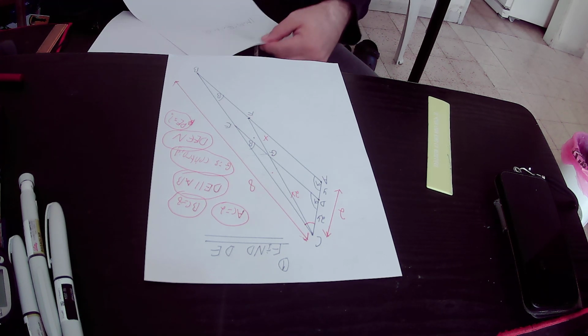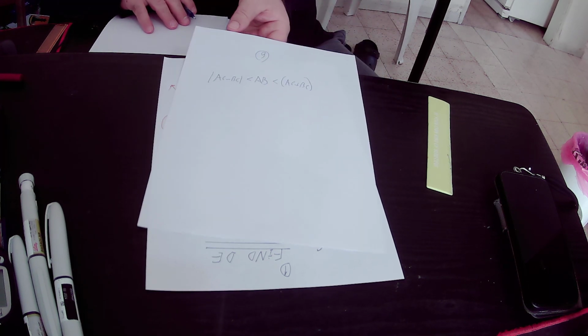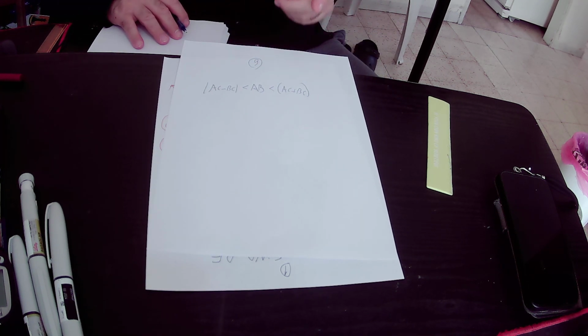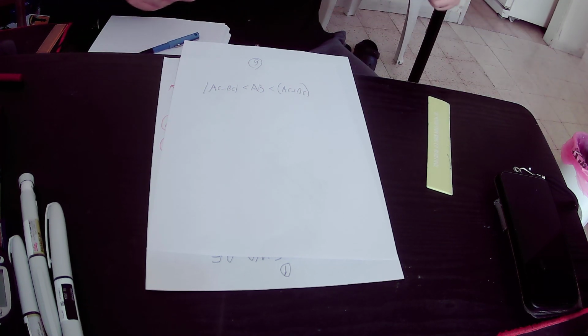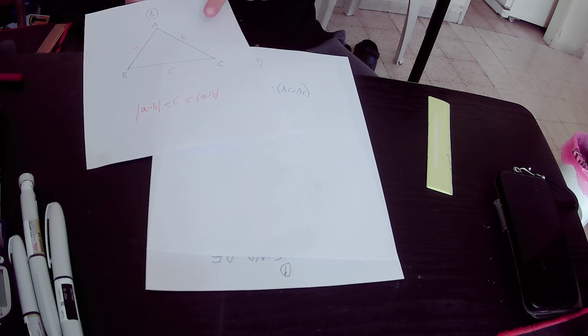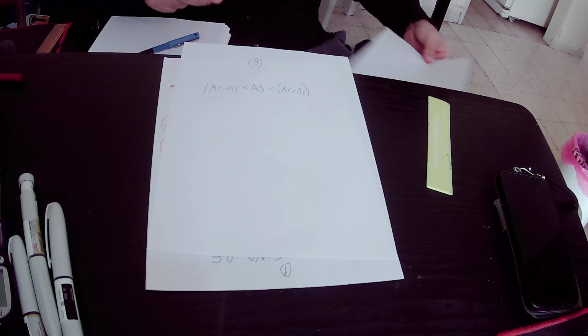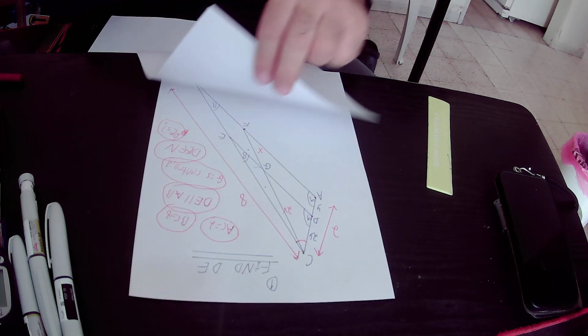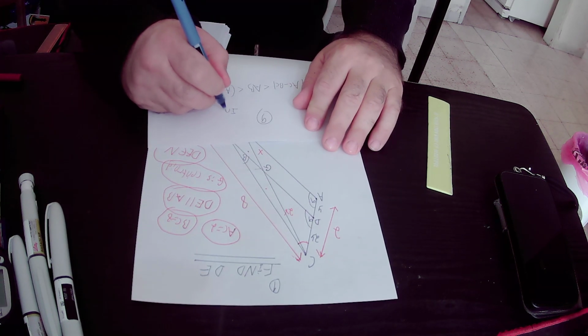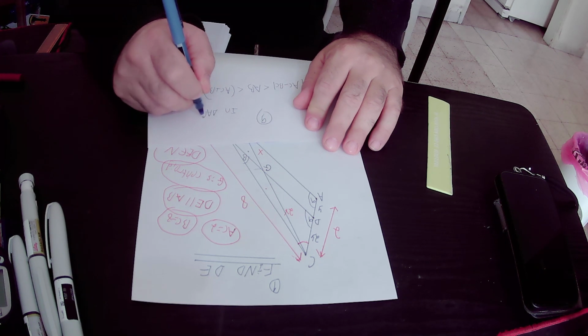Okay, actually this formula is the implementation of this rule in our triangle ABC.